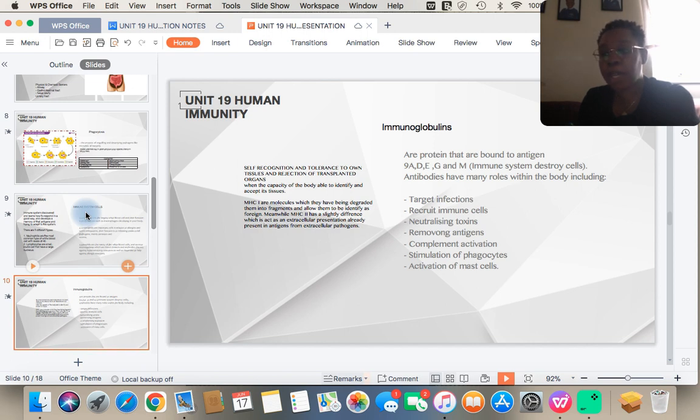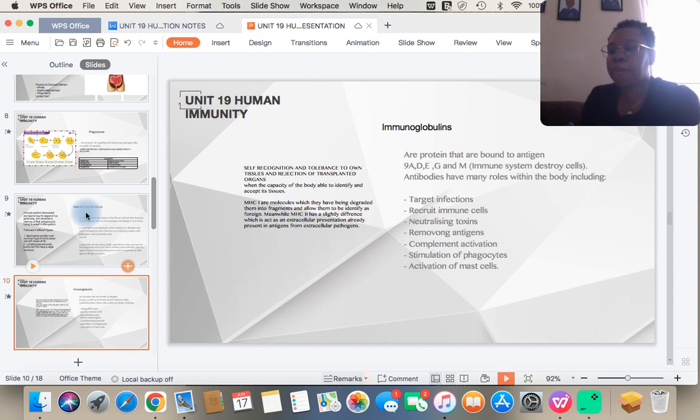G is a molecule able to transfer across the placenta to a fetus, which provides some protection from pathogens it cannot have encountered yet. M has a different structure than the other immunoglobulins. It is comprised of 5 normal immunoglobulins joined.